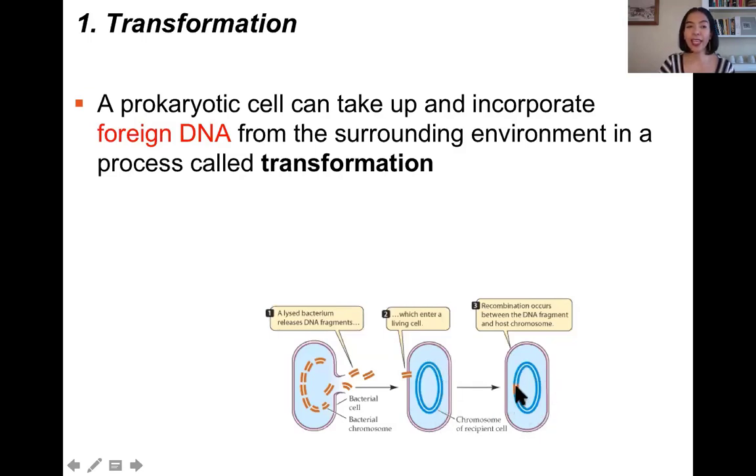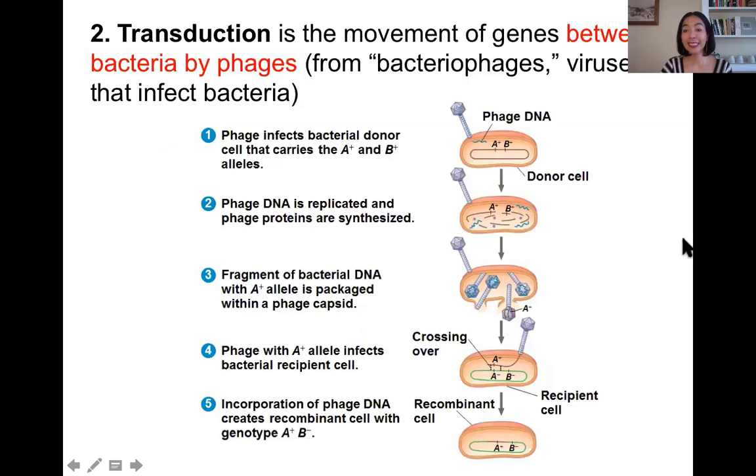So that is called transformation. It's the simplest way to acquire foreign DNA in prokaryotes, by just swallowing a piece of DNA inside of the cell, and then it gets ligated into this chromosome.